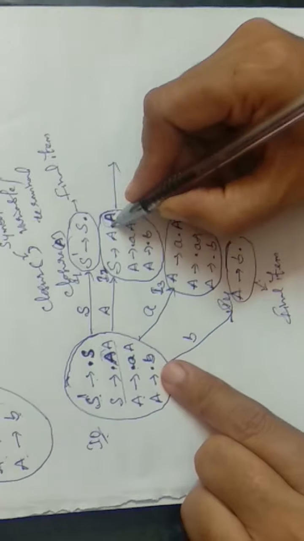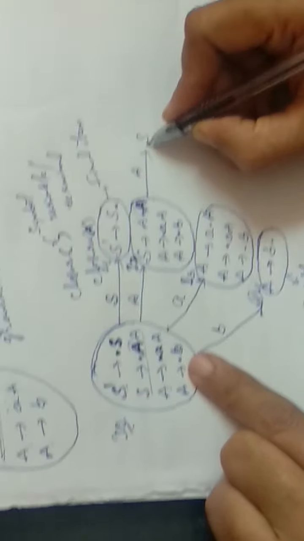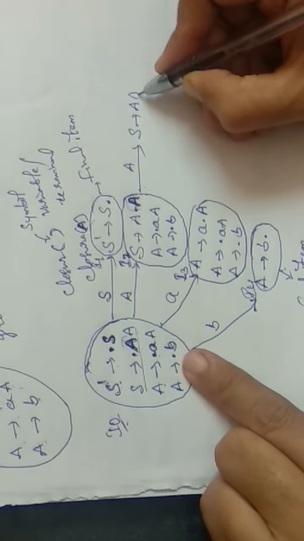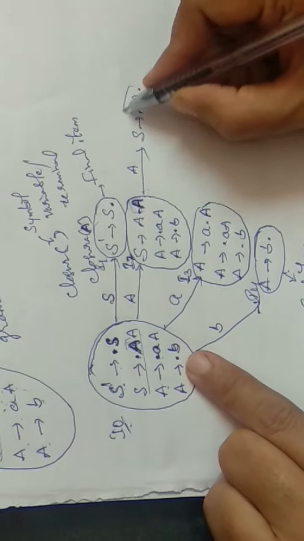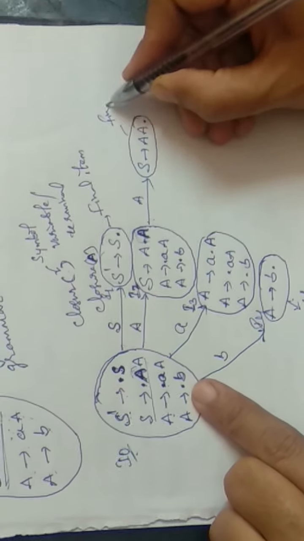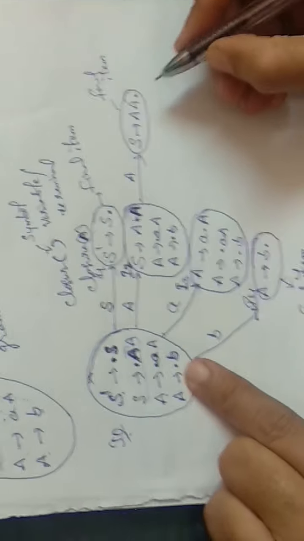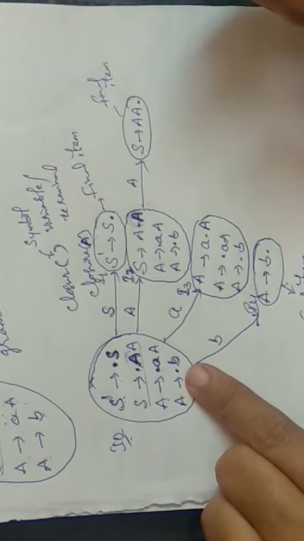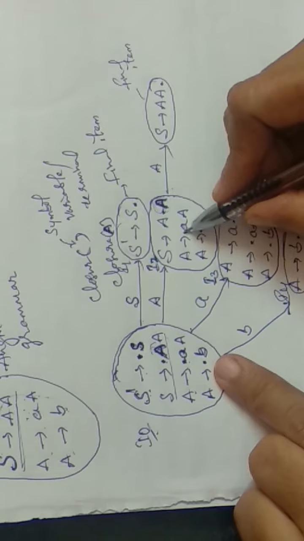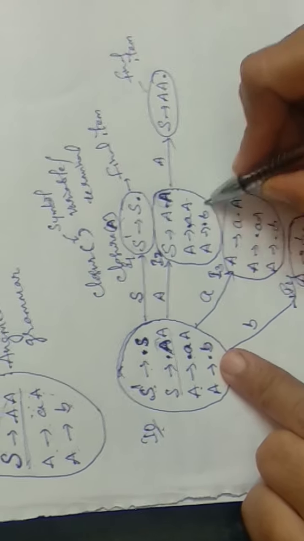So now the dot is present, and after seeing that A, it becomes S implies AA dot. Now the dot has reached the end. Once again this has become a final item because no input symbols are present in front of this dot to be scanned. Okay, and next, two more productions are there and the dot has still not reached the end.